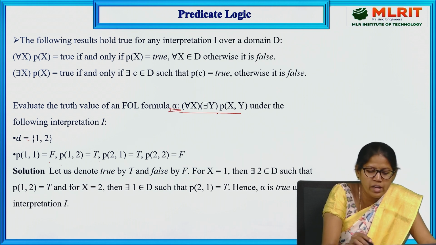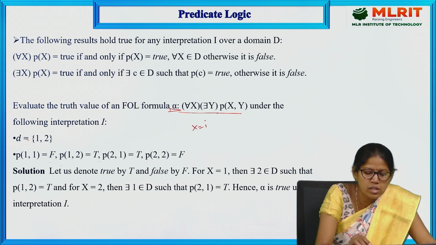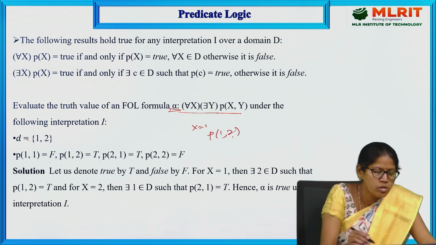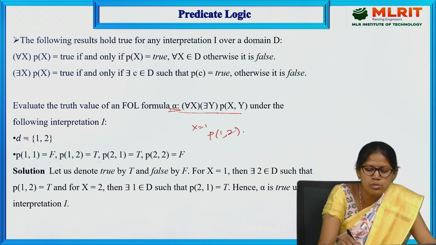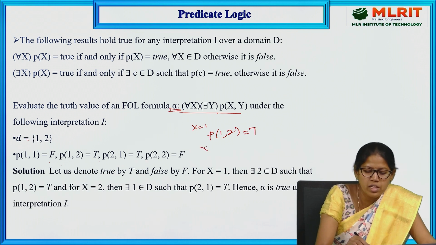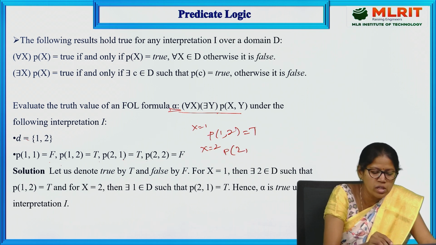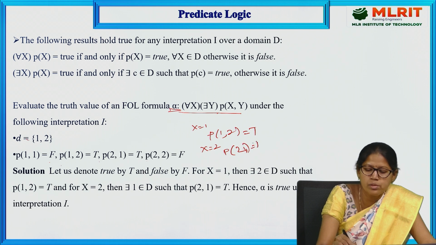For all x, if x equal to 1, then there exists y, P of 1 comma 2. What is P of 1 comma 2? True. Next, x equal to 2. P of 2 comma 1 equal to true.